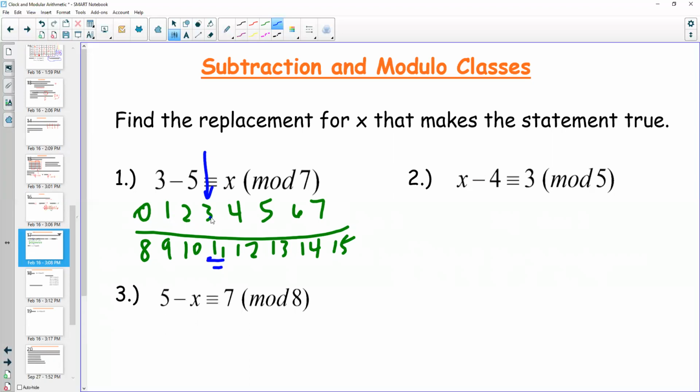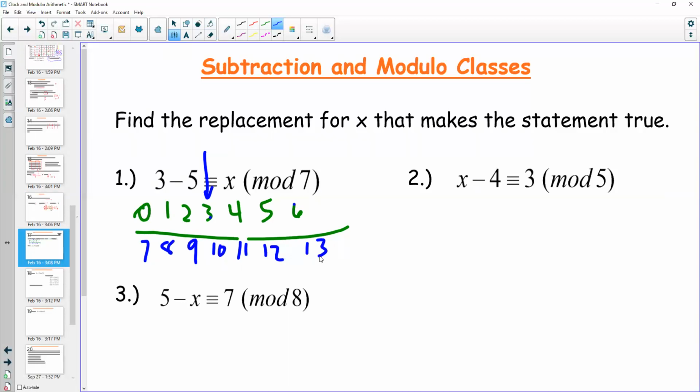I can't take away 5 from the top row. But I can start at 11 and count back 5. I go 1, 2, 3, over to the 7, 4, 5. So the answer there is going to be, oh, I shouldn't be counting to 7. Oh, yeah. I have too many places. I knew it would go wrong at some point. 6. I was looking at the 8 below. It got me all messed up.